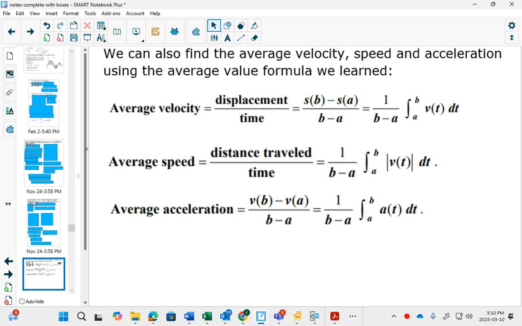Now, in last class, we talked about average of a function. So the word average can sometimes throw you off because sometimes you can just use the slope of the secant line, and sometimes you should use the average of a function formula.